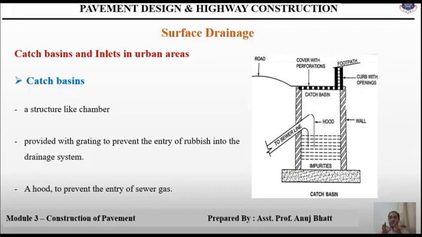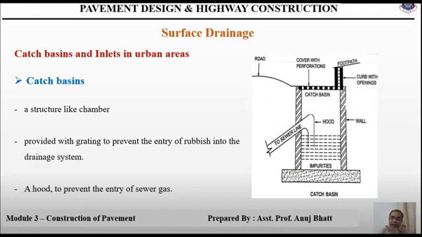Now the catch basin is provided with grating to prevent the entry of rubbish into the drainage system. These gratings are nothing but a kind of layer which works as a filter in this catch basin, so that such rubbish entry can be prohibited, can be restricted.